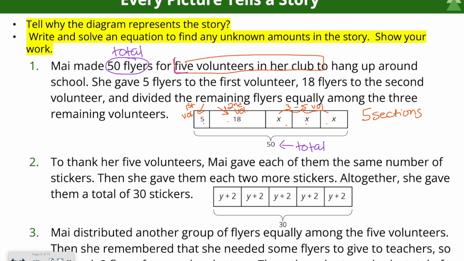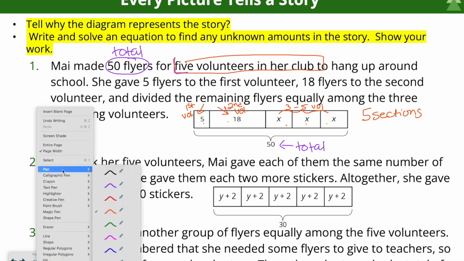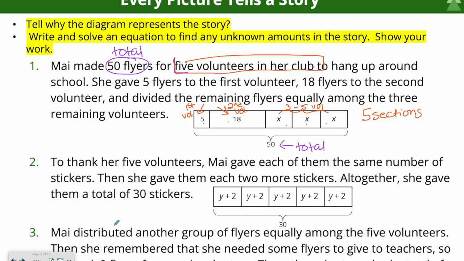What equation could we write to represent this diagram then? Well, we have a section of 5, a section of 18, and 3 sections of x totaling 50. So 5 plus 18 plus 3x equals 50. And then I can change the 5 plus 18 into 23 plus 3x equals 50.